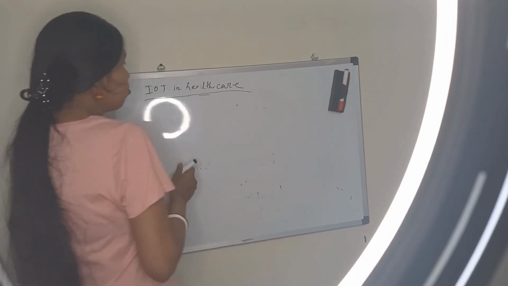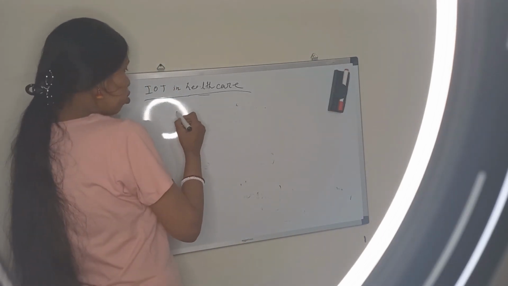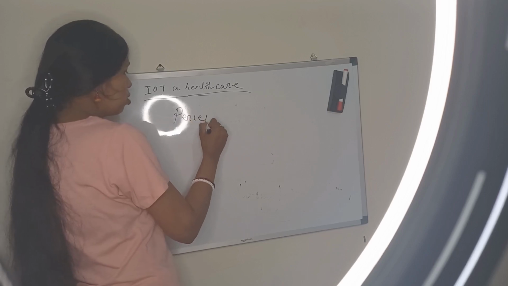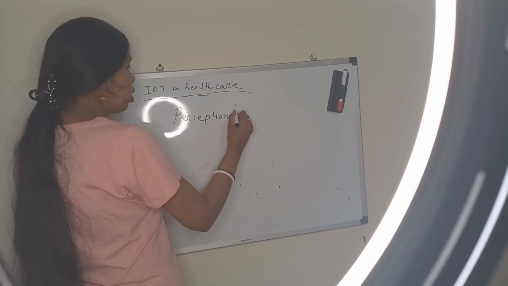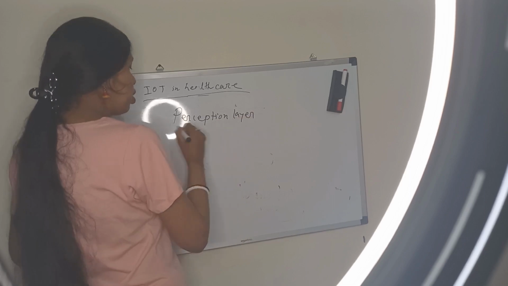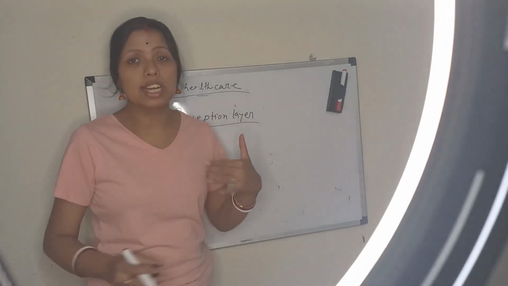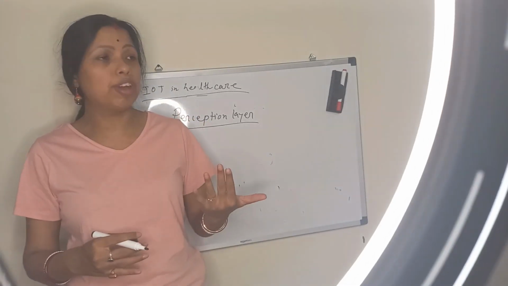Here I am writing all the layers. First is the perception layer. This layer deals with physical phenomena.